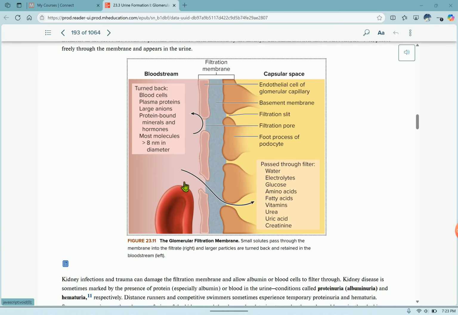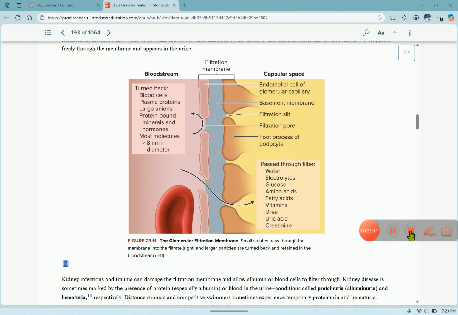All right, so here is an example of that. So the red blood cell is too big to pass through. And so that's why if you see blood in the urine through a urine analysis, something not good is going on, because you should not see blood in the urine.